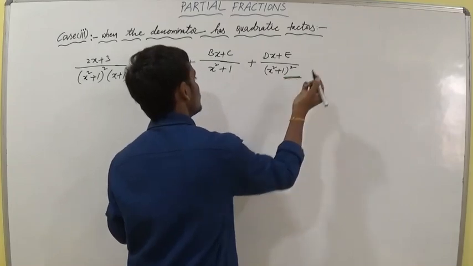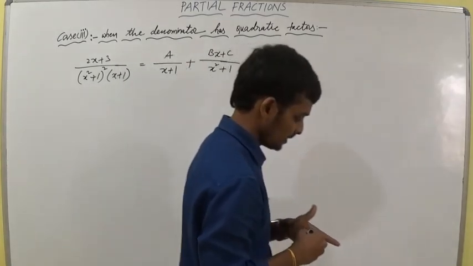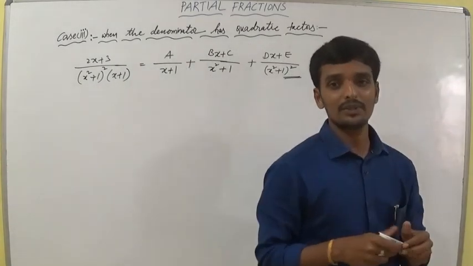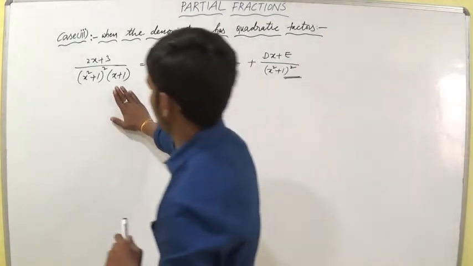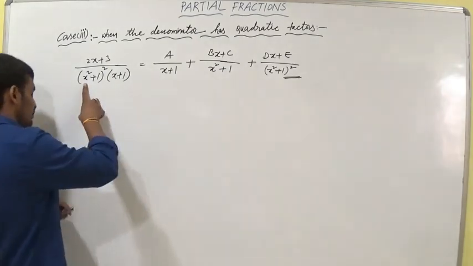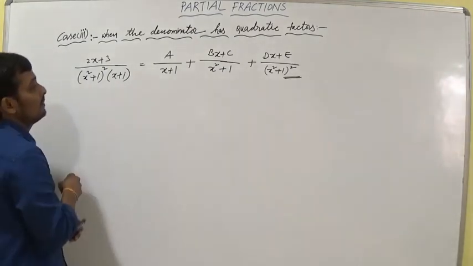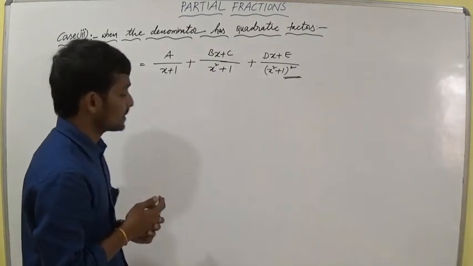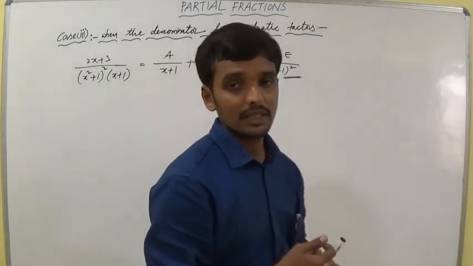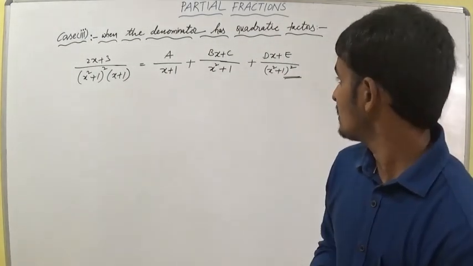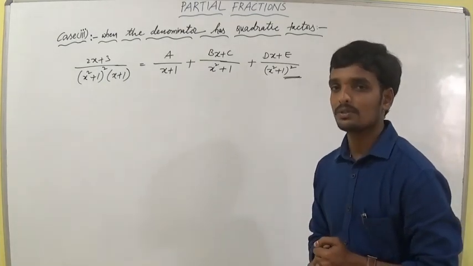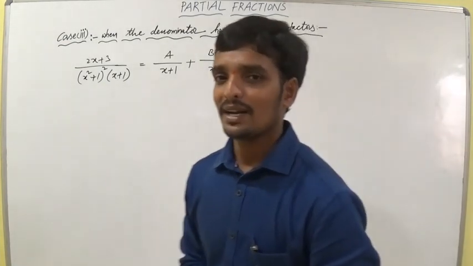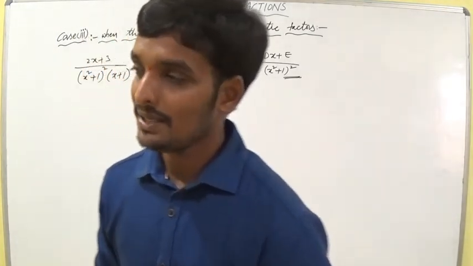This is the general form. Observe clearly: a by x plus 1, the linear factor. Then the two quadratics: bx plus c by x square plus 1, and dx plus e by x square plus 1 whole square. So writing the general form is easy.